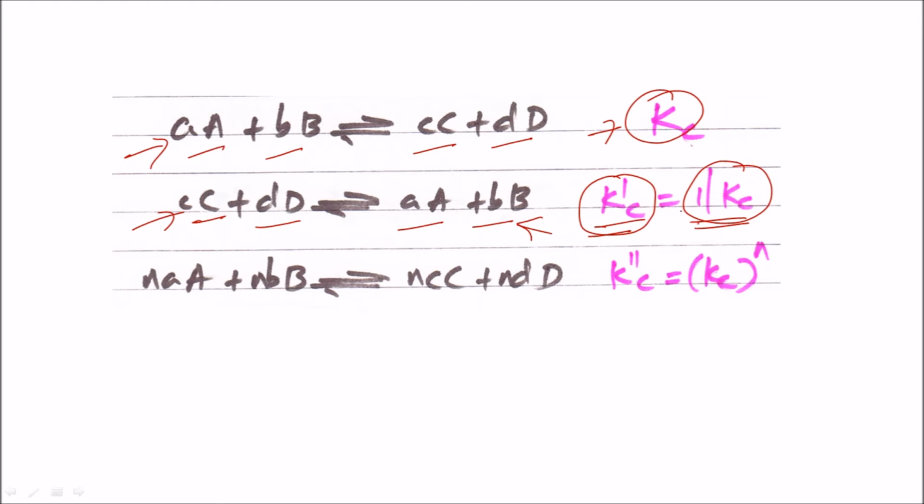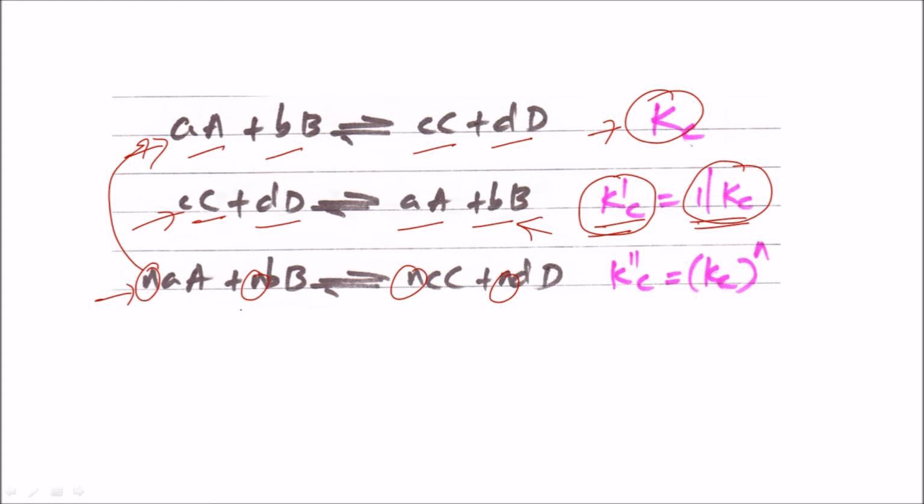We got many questions asked based on reverse reactions. They will just reverse the reaction and ask what the equilibrium constant value is. So K dash c is equal to 1 by Kc. Now the third reaction is almost similar to the first one, the only change being that it is multiplied by some number, n.